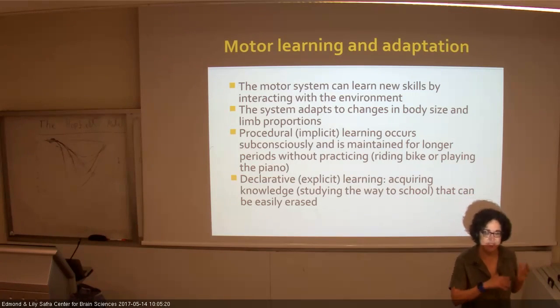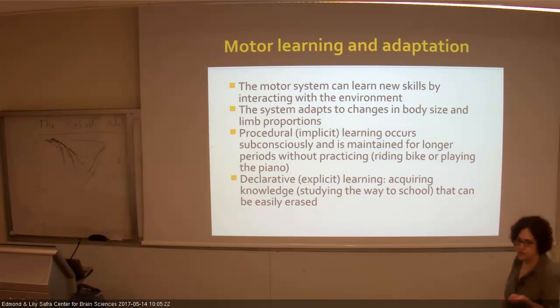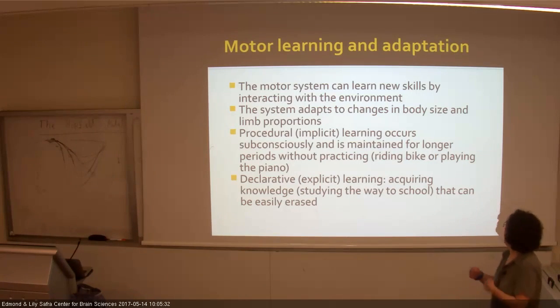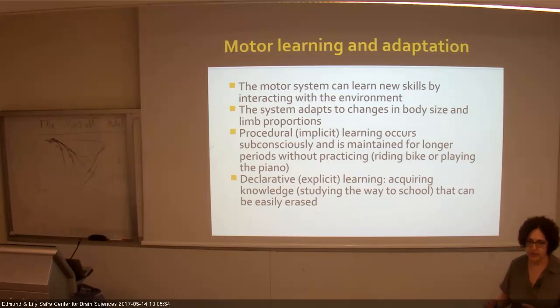The other thing that is related to the concept of internal models is what happens during motor learning and adaptation. Now we know that the motor system can learn new skills by interacting with the environment, right? I mean, we have information and we can learn new skills using feedback, using proprioception, using visual feedback.